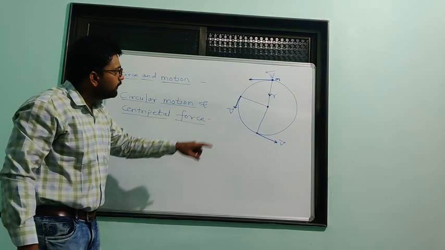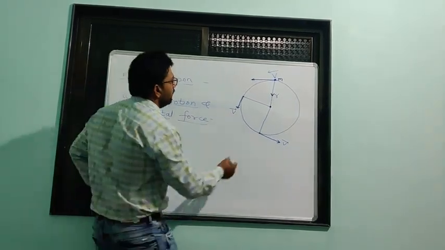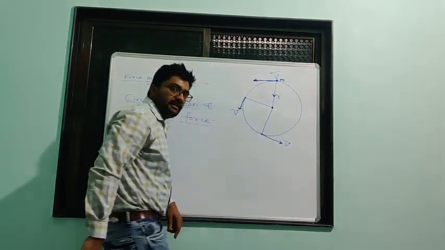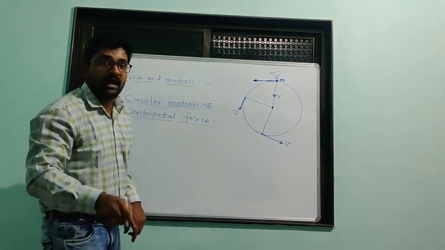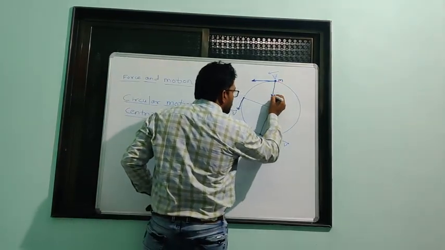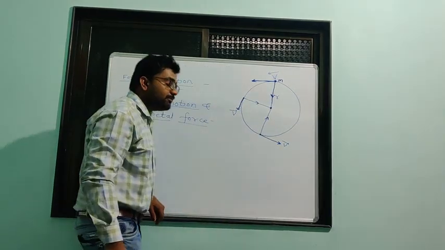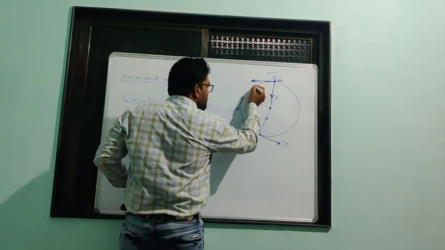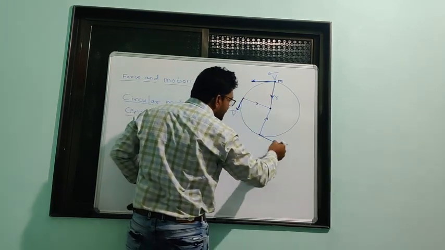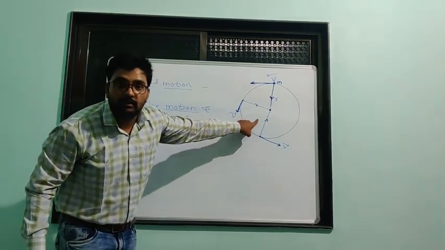So from that we understood that in circular motion velocity is always in the tangential direction to the circle, and due to the centripetal force toward the center, at each point on this circle the direction of the object changes.